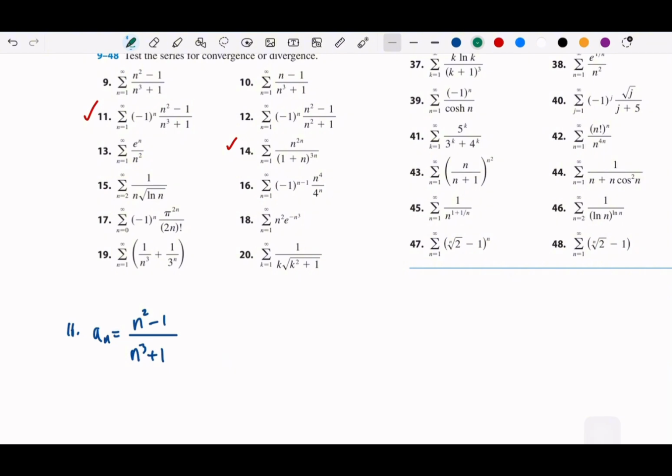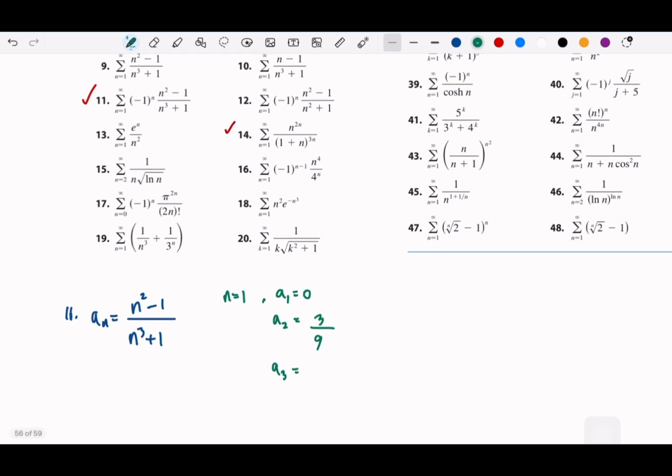So you can test n equal 1. So n equal 1, the a1 is 0, and then a2 is 4 minus 1 is 3 over 9, right? And then a3, this is something that you could do also. If you have no clue and no time to prove, just do it and then make sure that it's correct.